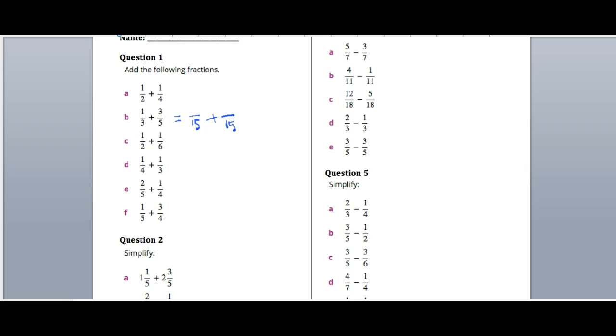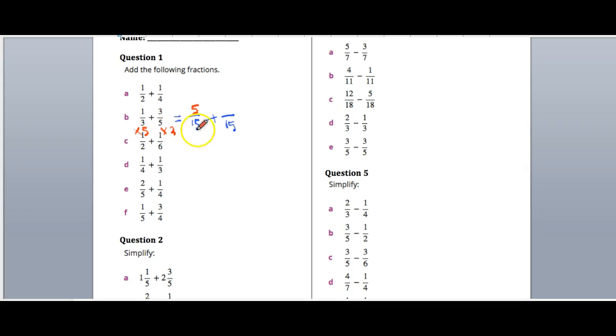So in red, what did I do to that 3 to get to 15? Okay, and I might just write it underneath. I multiplied it by 5. So I have to do the same to the top. So 1 times 5 gives you 5. What did I multiply this 5 by to get to 15? I multiply it by 3.